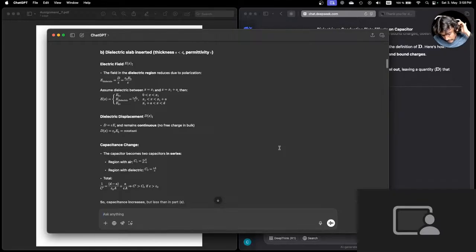Epsilon zero E of d equals epsilon zero E of zero.